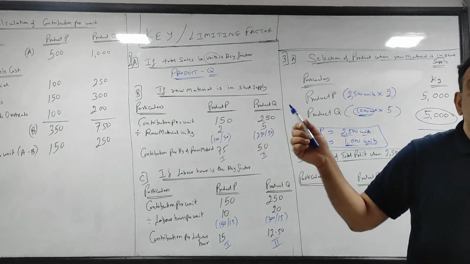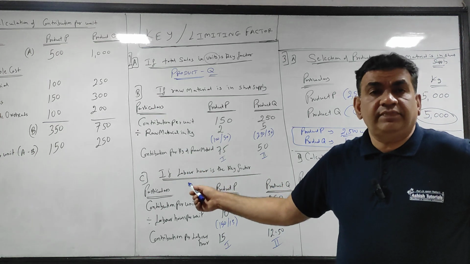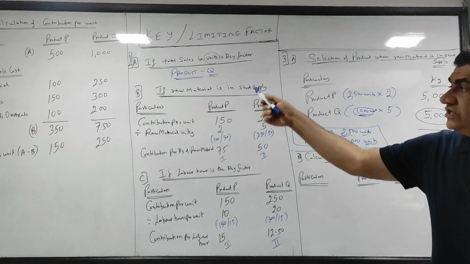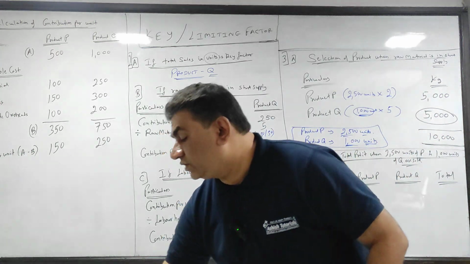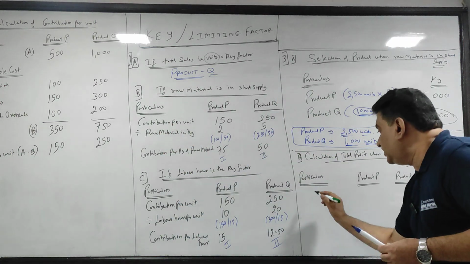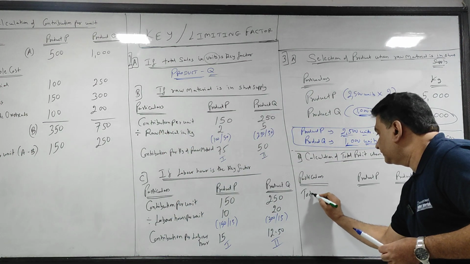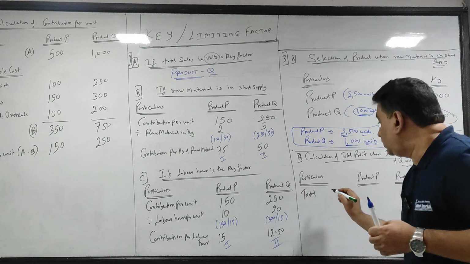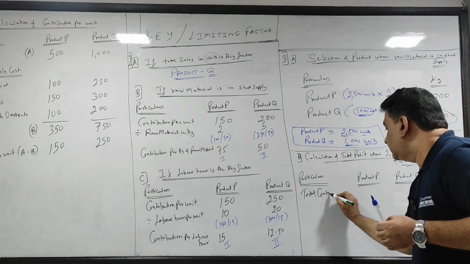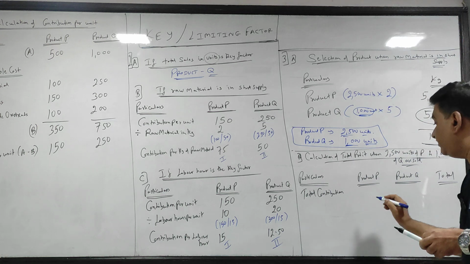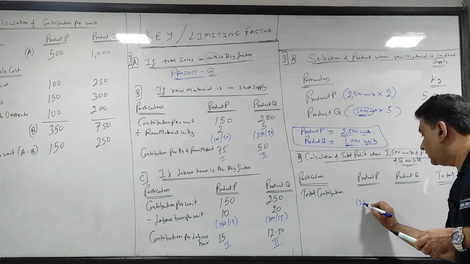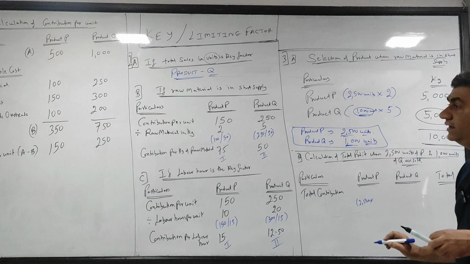As I told you, हमारे पास contribution per unit directly है. So there is no need to do sales minus variable cost. So what I'll do? Total contribution. How many units of P I am manufacturing? 2,500.